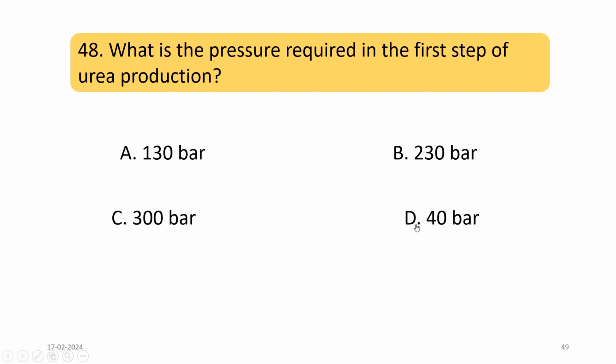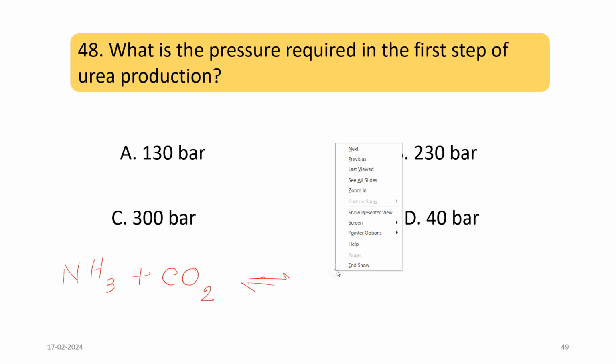Next, what is the pressure required in the first step of urea production? The first step of urea production means when ammonia is reacted with carbon dioxide and produces carbamate. So you know that in the first step NH3 reacts with carbon dioxide and produces carbamate.